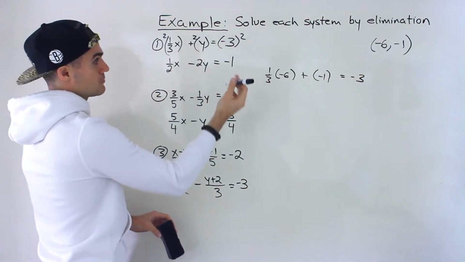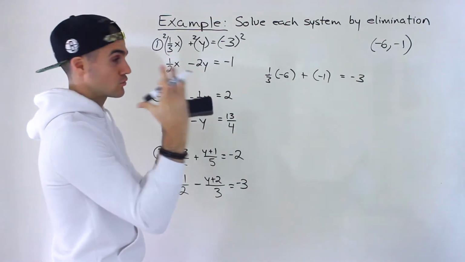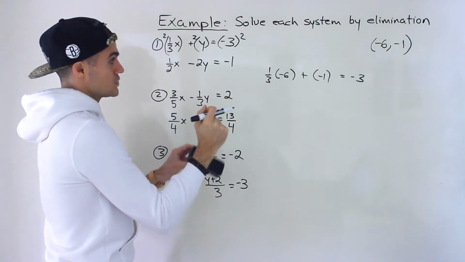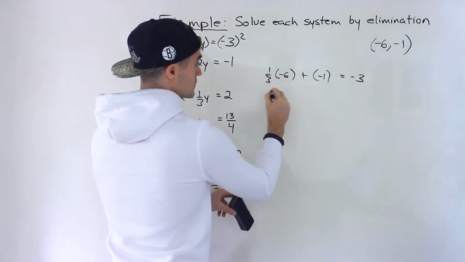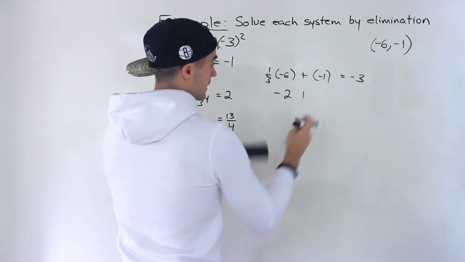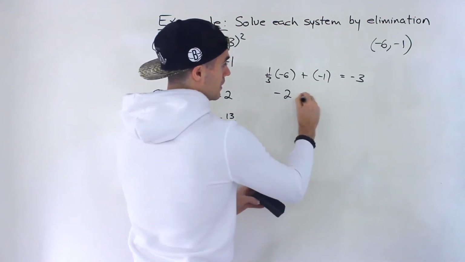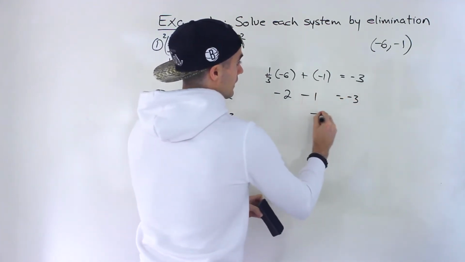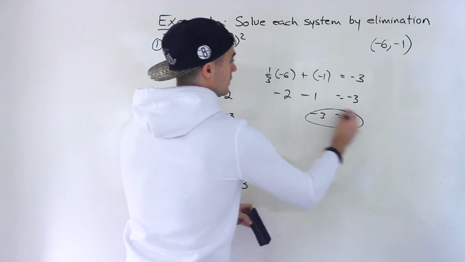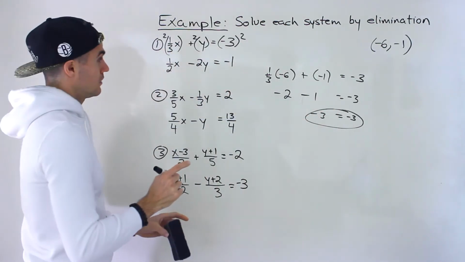Ignore these 2's that we multiplied before. We're just looking at the original equation. So 1 over 3 times negative 6 would give us negative 2, plus negative 1 is like minus 1. Negative 3 is equal to negative 3. Right, so the first check, all good.